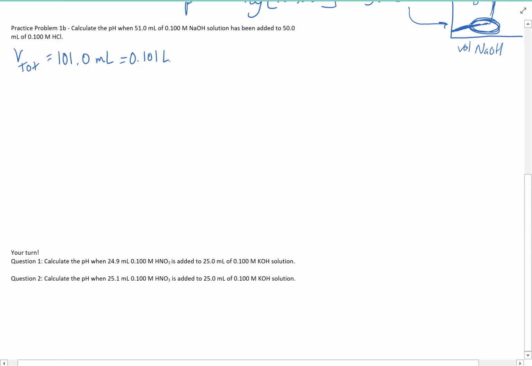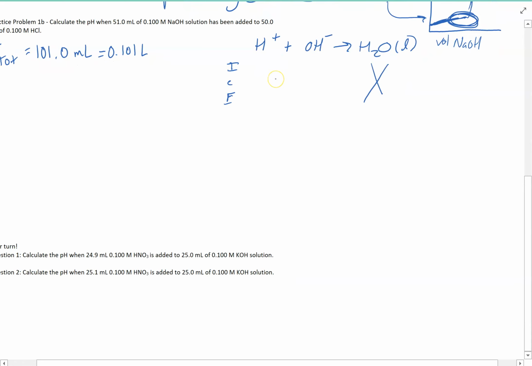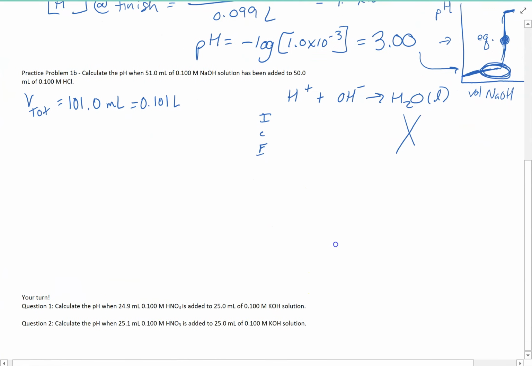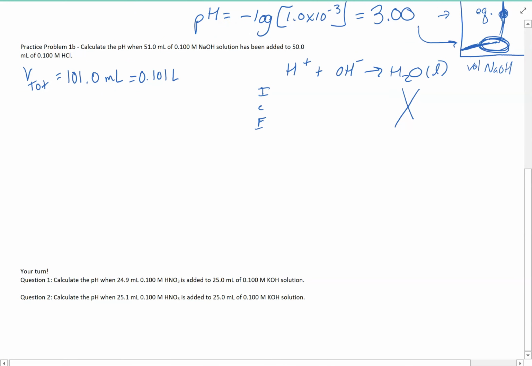Next thing I'm going to do is calculate my molar volume. Remember, the reaction is the same here. So we're going to get this kind of simplified version. We're going to do an ICE table. And we're going to remember that in the ICE table the liquid water does not matter. So what we need is the numbers that go in our initial value. All right, so in order to calculate that, just like we did before, I erased things up above.